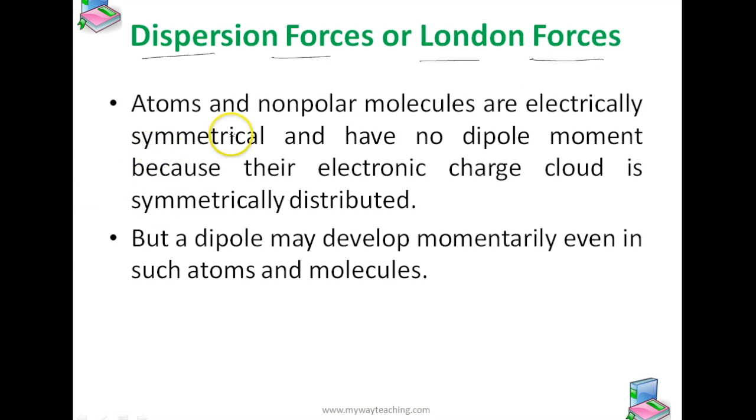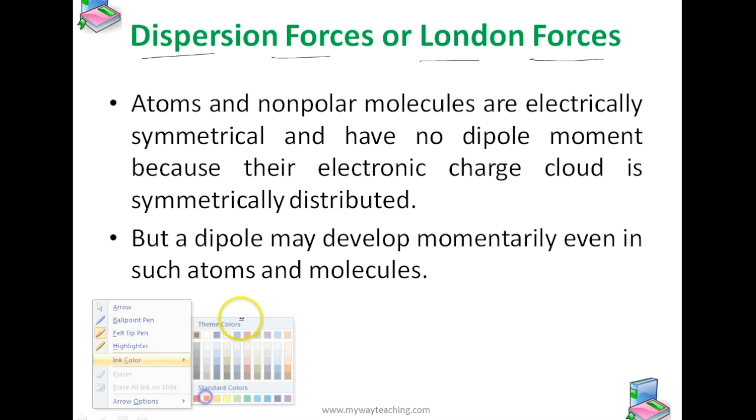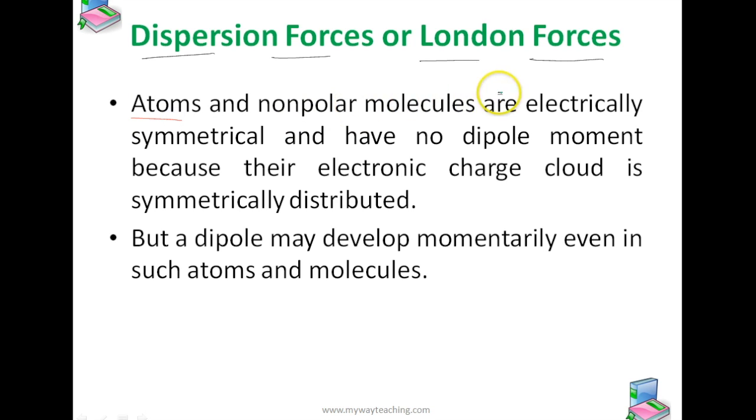Atoms and non-polar molecules are electrically symmetric and have no dipole moment because their electronic charge cloud is symmetrically distributed, but a dipole may develop momentarily even in such atoms and molecules.